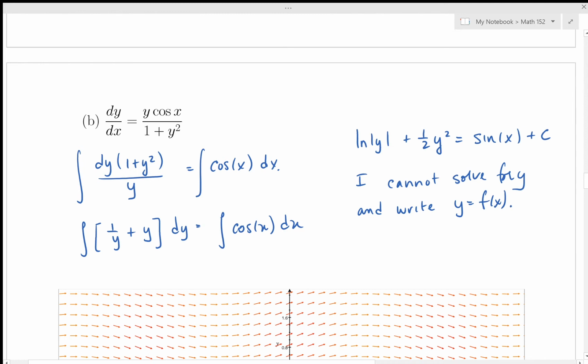We can still compute y if we're given a value of x. We may have to do it numerically, but we can still compute it, and this still is a general solution. So we did implicit differentiation in Calculus 1, and this you will recognize as an implicitly defined function.